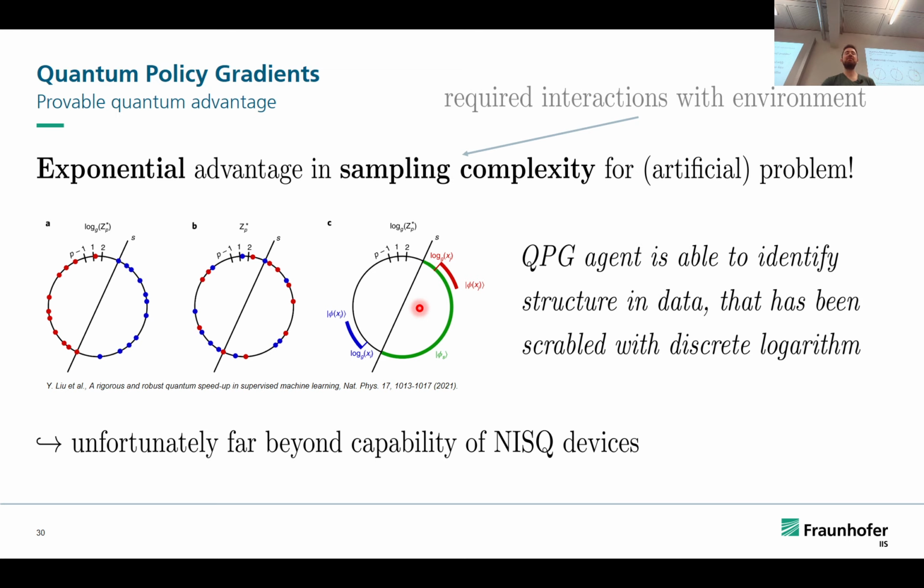So here we really have the separation. But again, this is a very constructed problem, and we are still looking for a problem that is, for example, really relevant in industry, but still I think a very important first step.